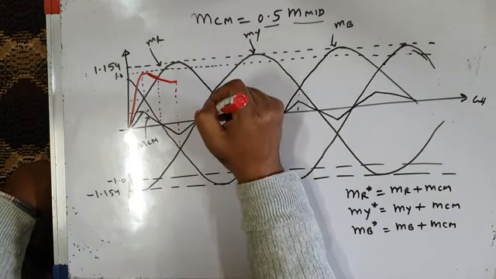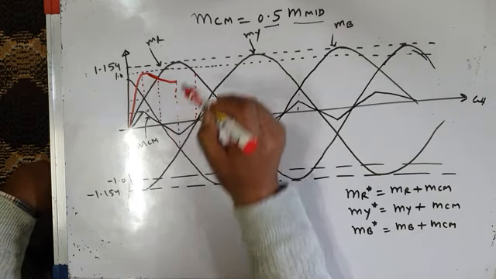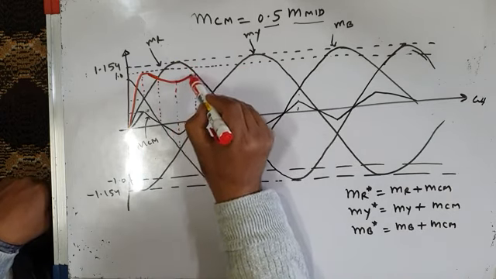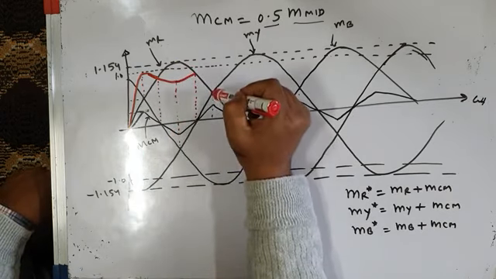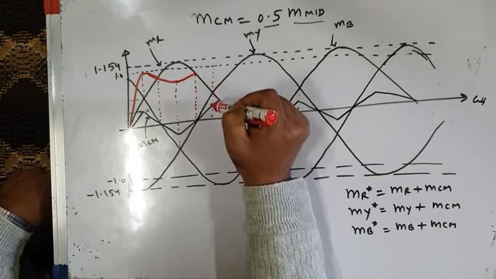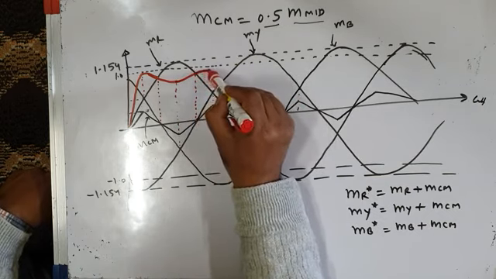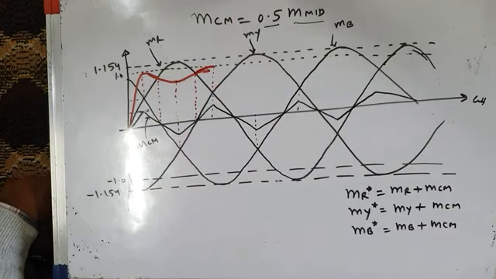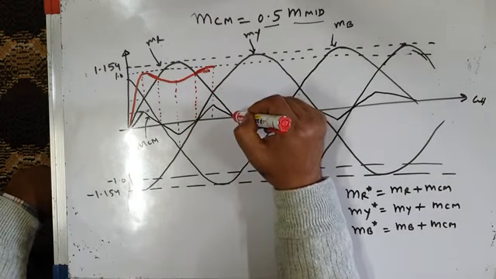Then at this instant of time, it is again MR plus MCM. MR इतना है, MCM 0 है, तो ये वापस इधर जाएगा. And it will achieve peak value again near the peak of MCM. So peak means it will go to unity value. उसके बाद आप continue कर लीजिए.